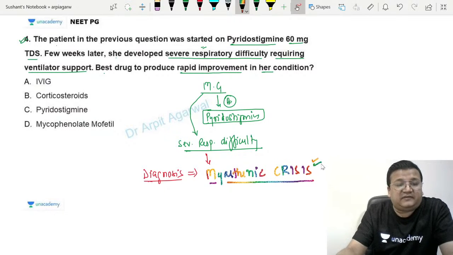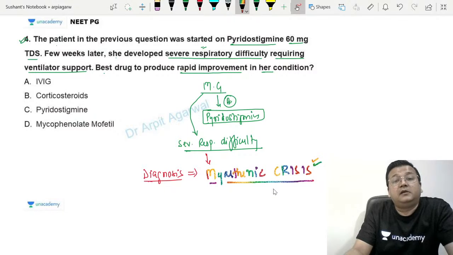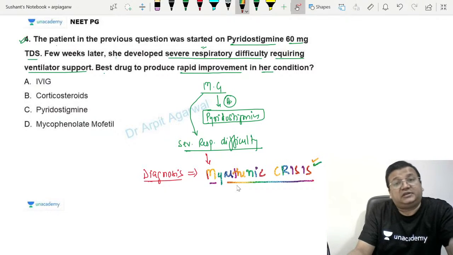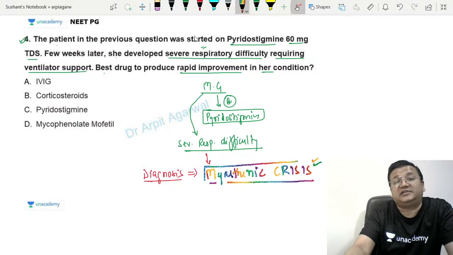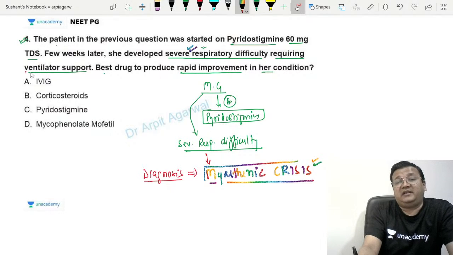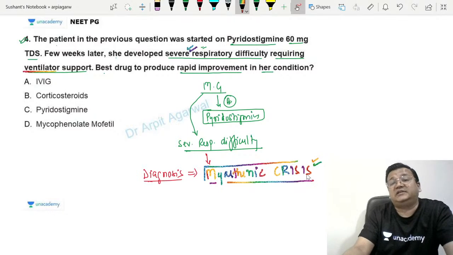Whenever the examiner asks about myasthenic crisis, Prabhakar, you have given a very good option, we'll come to that. The examiner will give a history of myasthenia and sudden or severe respiratory difficulty requiring a ventilator. This is the typical presentation of myasthenic crisis.